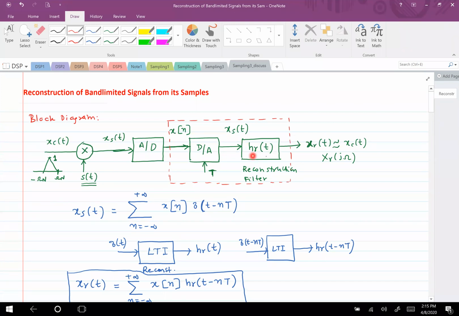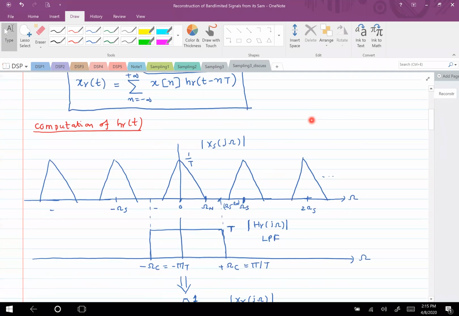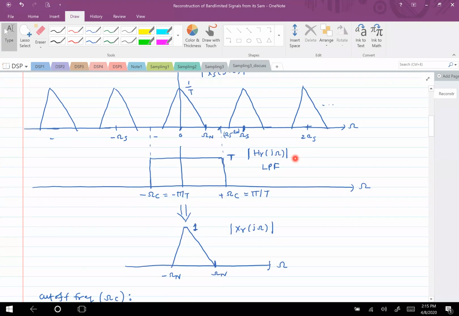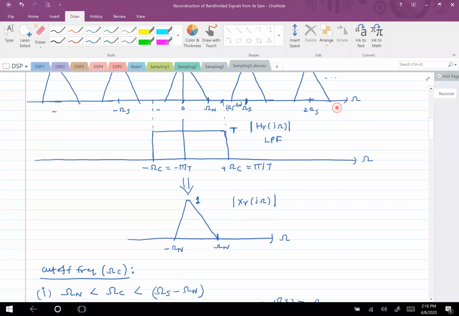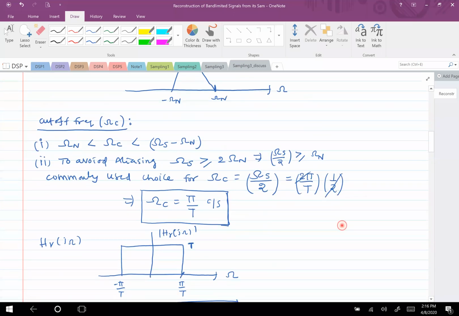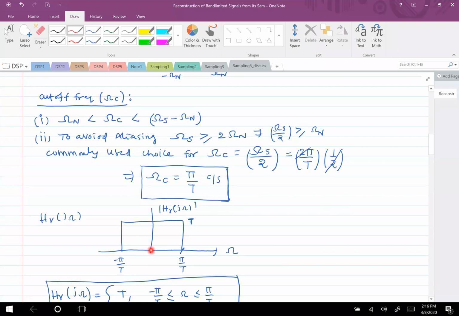That is telling you what the frequency spectrum of the impulse response of this reconstruction filter should be. So this is your frequency spectrum. We have a cutoff frequency from minus omega c to plus omega c, with a constant magnitude of t throughout this spectrum, correct? So this is what you needed, and now you need to figure out what the values should be.